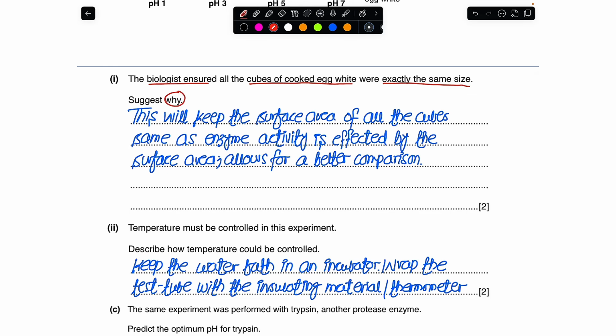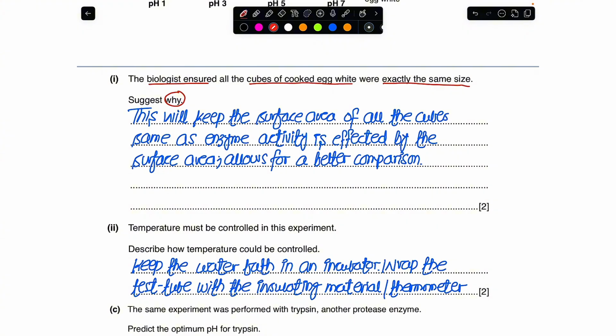As I have said, the activity of the enzyme is impacted by the temperature, by the pH, by the amount or size of the substrate, and the concentration of the enzyme. In this investigation, we were interested to find the optimum pH, and the pH we were changing. So if other factors like the temperature, the surface area, the amount of the enzyme or the substrate would change, then we would not be able to see the effect of the pH alone.